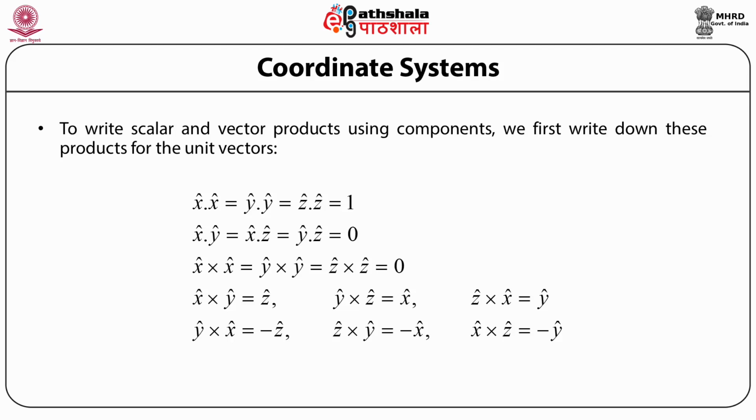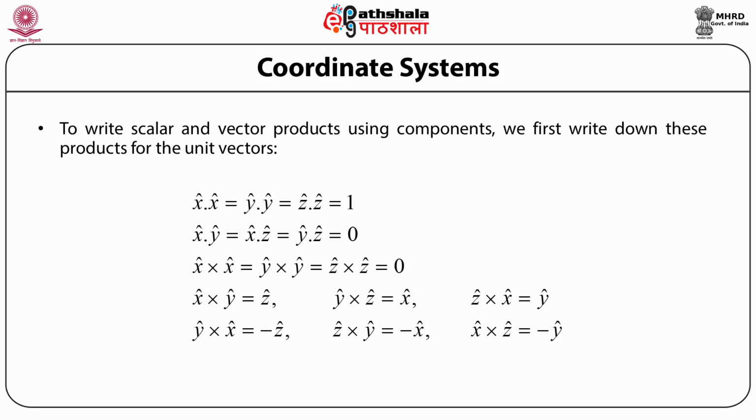Again, going back to the definition of the scalar product, we see that the modulus of unit vector x, unit vector y and unit vector z are all 1. However, the angle between unit vector x and unit vector y is 90 degrees, same as the angle between unit vector x and unit vector z, and also the angle between unit vector y and unit vector z, which means that since these three unit vectors are along the directions of an orthogonal coordinate system, the angles between them are all 90 degrees, and therefore the cos of 90 degrees gives you 0.